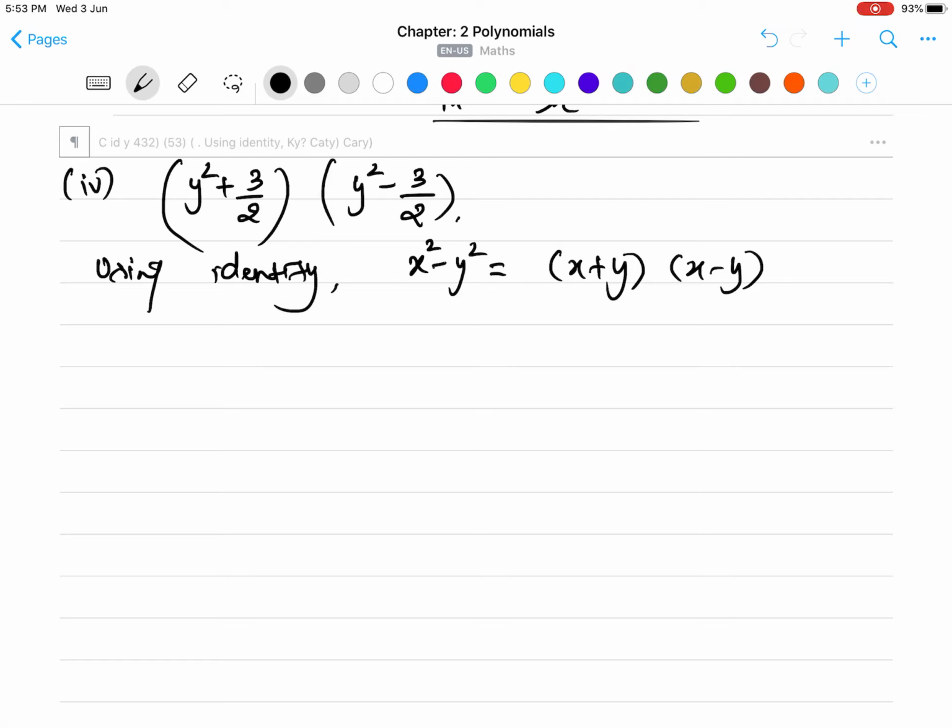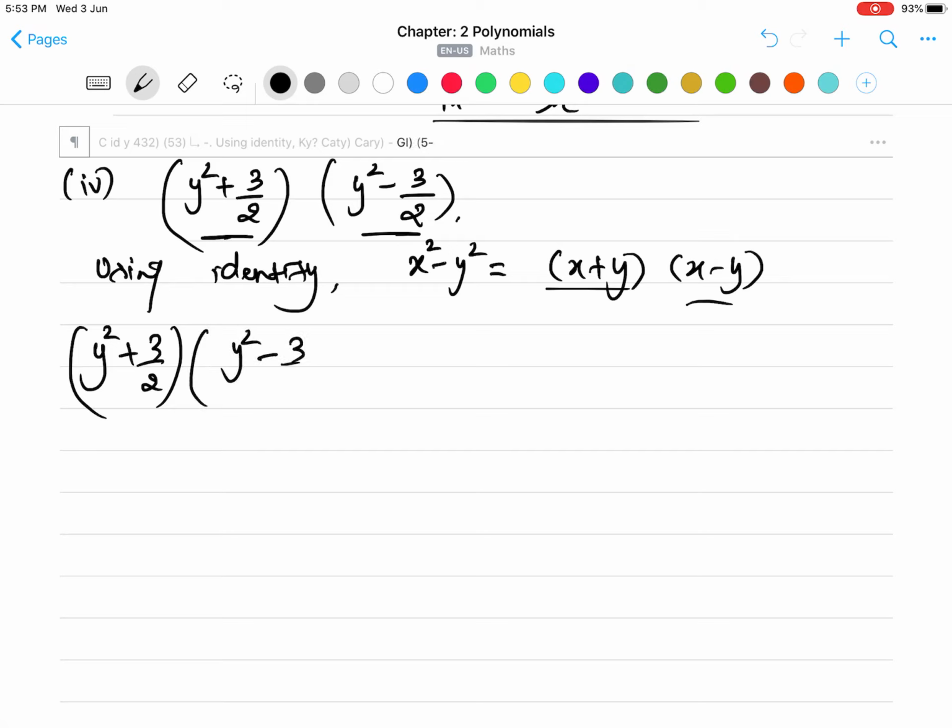Now you can see, first we have two terms in the addition, that is x plus y, then they are in subtraction, that is x minus y. Okay, so we can write this as (y² + 3/2)(y² - 3/2) will be equals to, x here is y², and y is equals to 3/2. So we can write this as square of first term minus square of second term.